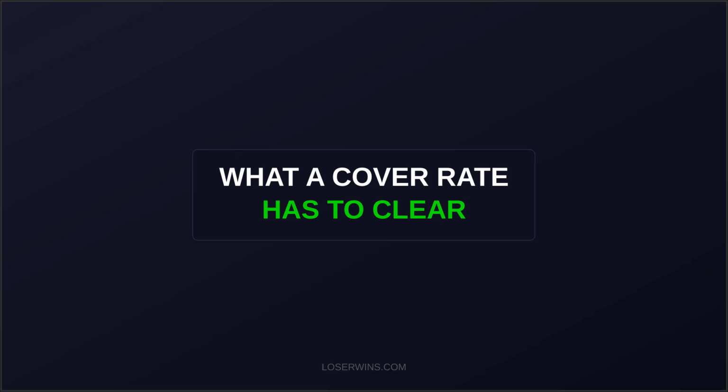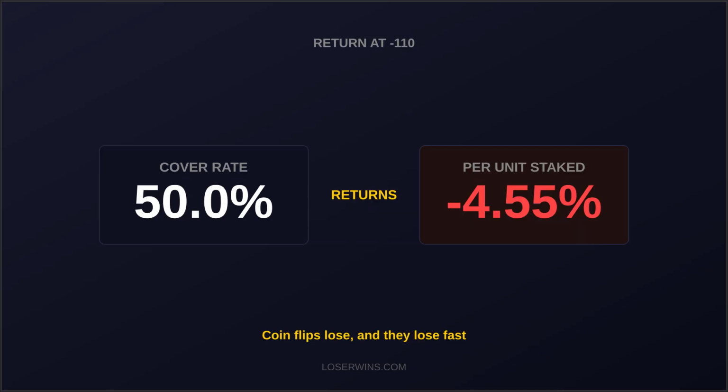Converting a cover rate into a return takes one line of arithmetic, and running it before naming the rate is the difference between analysis and decoration. At 50%, a bettor paying minus 110 returns negative 4.55% per unit staked. Coin flips lose, faster than most people expect.